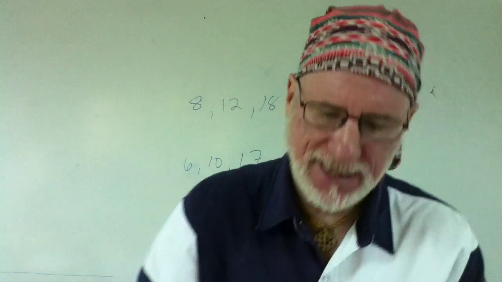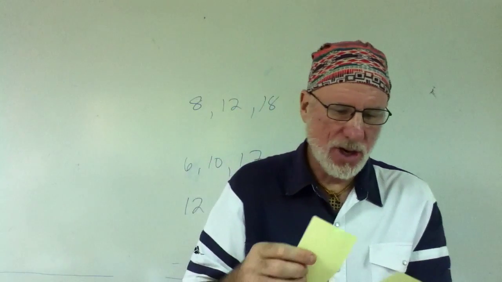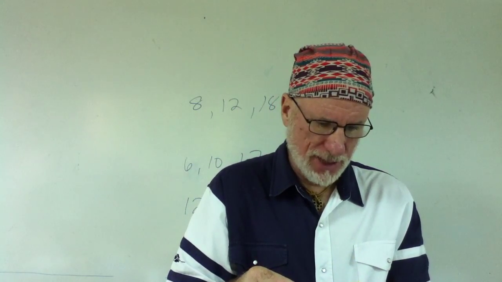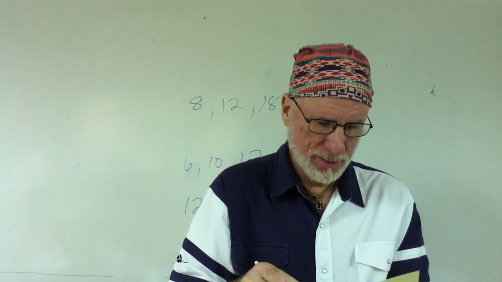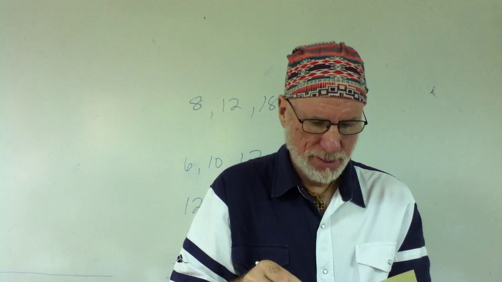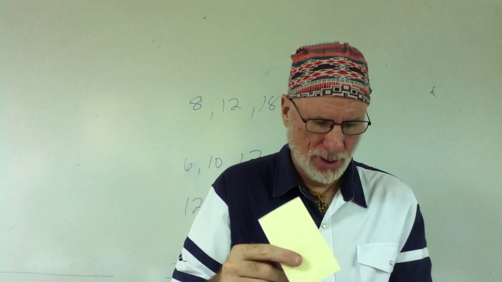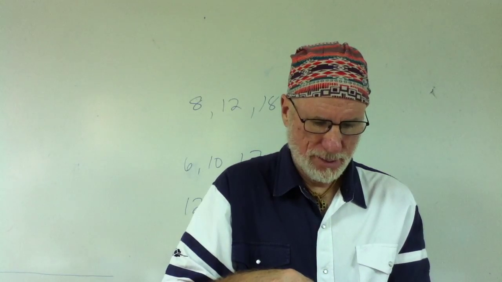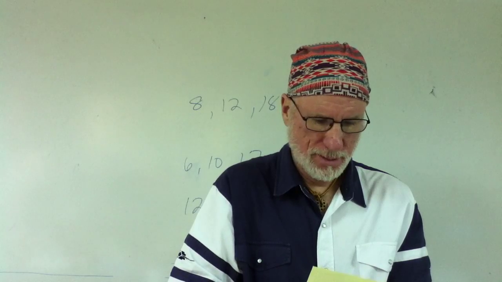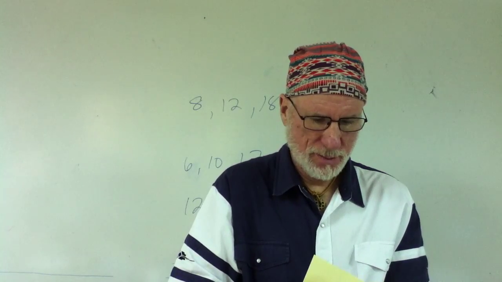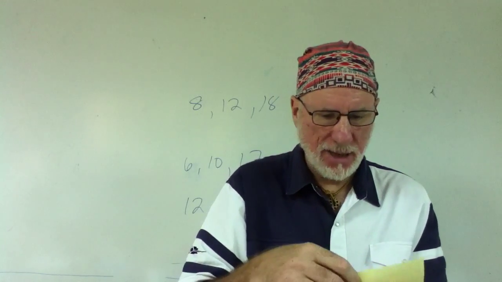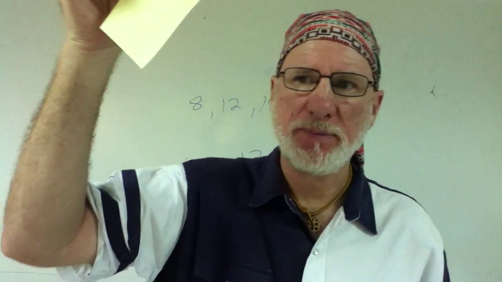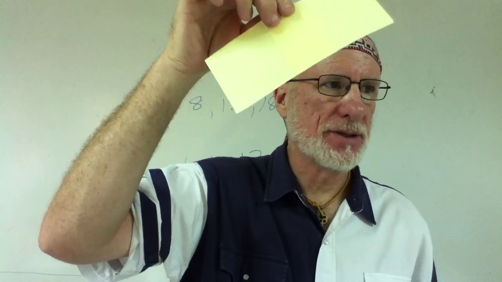Now, let's do this. Let's say that this is going to represent the length of the two sides. Okay, now we'll say that this is the sum of the two shorter sides.